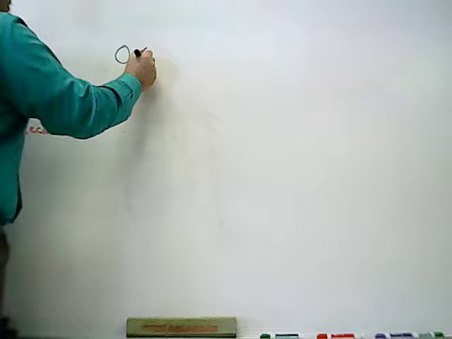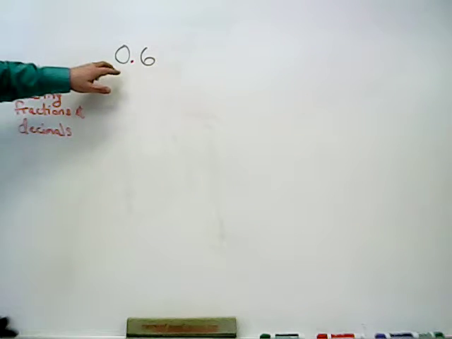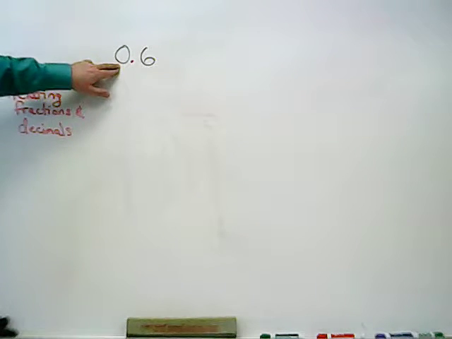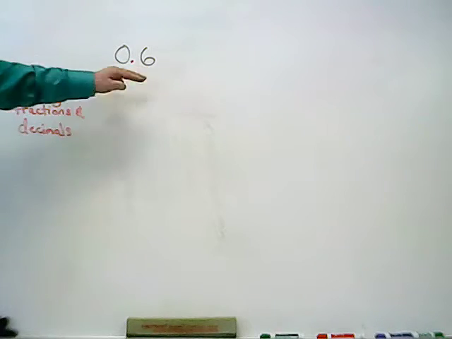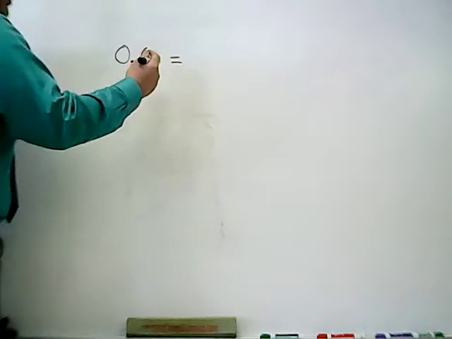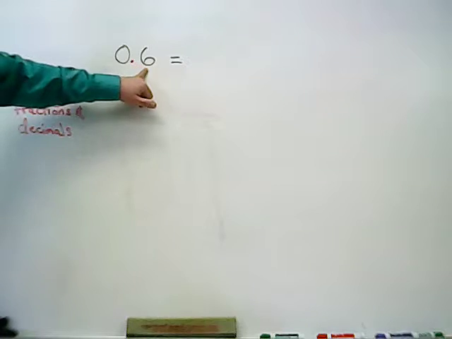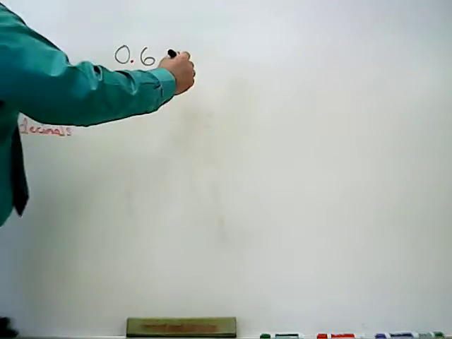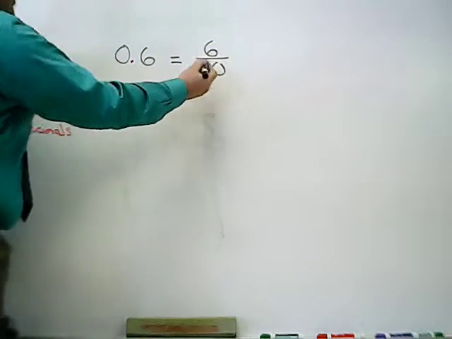So if I had this decimal, I would say this as 0 wholes, 0 ones, and 6 tenths. Well, how do I show that as a fraction? Just listen to what you say. 0 and 6 tenths. So what this would equal is 6/10.